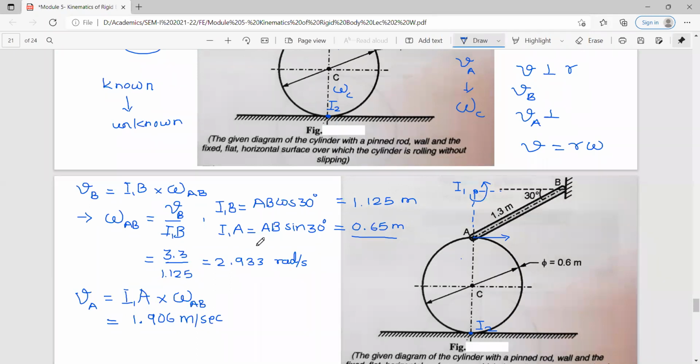Okay, it is fine by assuming point A on rod AB.